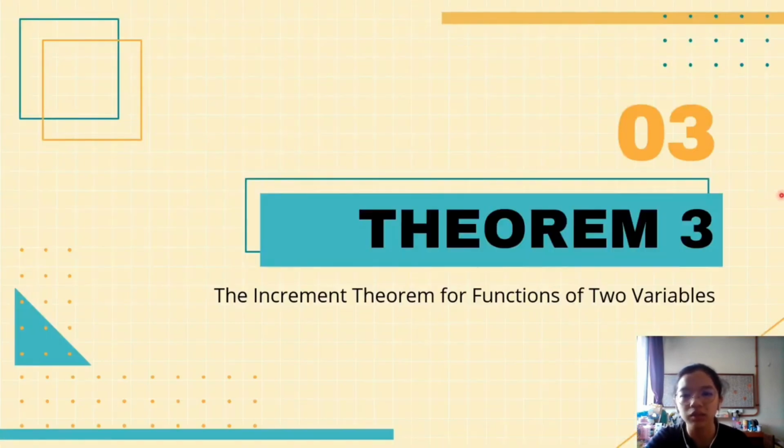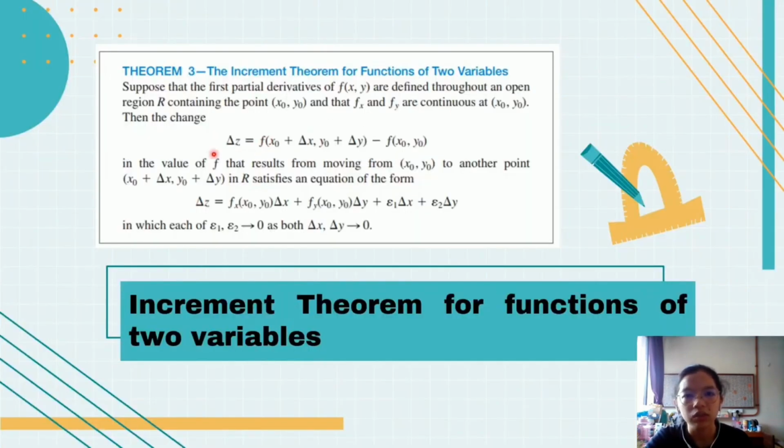Now let us look at theorem 3, which is the increment theorem for functions of two variables. Suppose that the first partial derivatives of f(x,y) are defined throughout an open region R containing the point (x0, y0), and that fx and fy are continuous at (x0, y0).